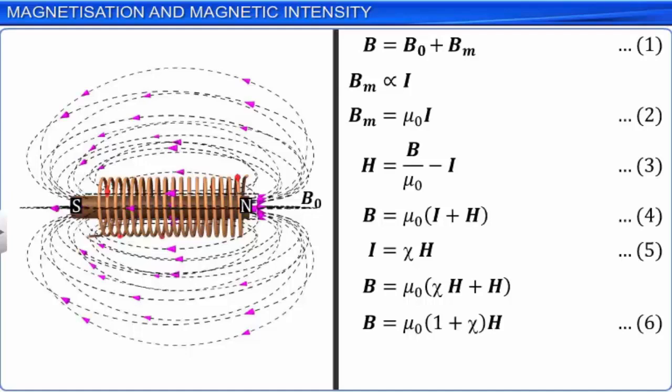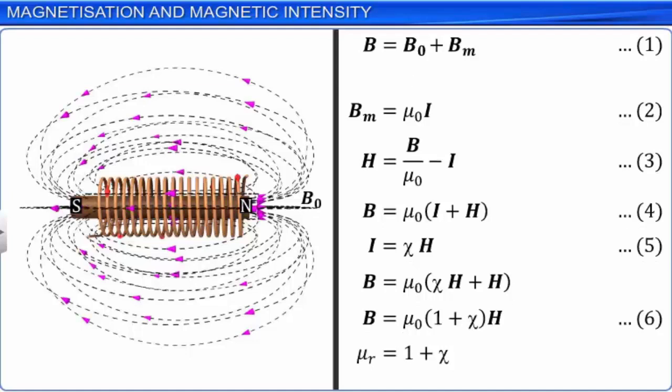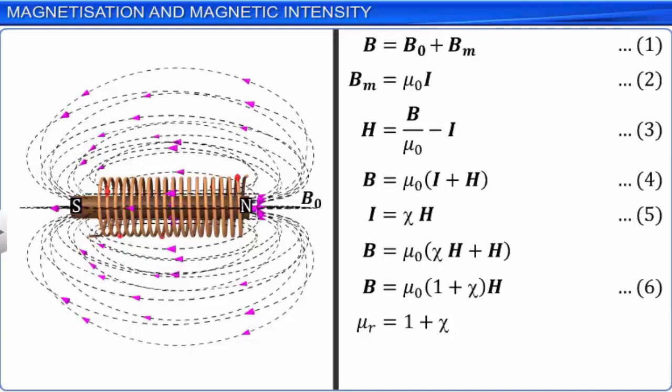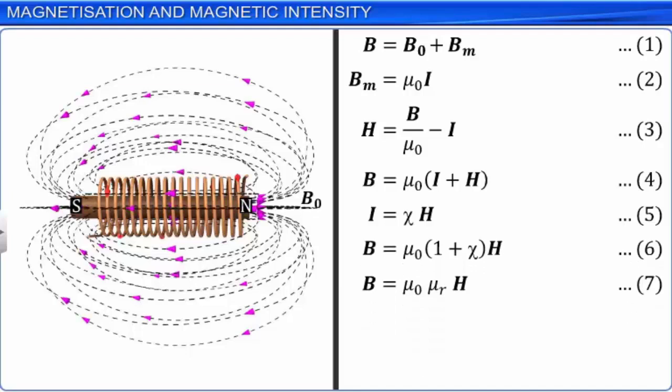We know that the relative magnetic permeability is the ratio of the magnetic permeability of the material to the magnetic permeability of vacuum. That is, mu r is equal to mu by mu naught. Then, mu is equal to mu naught into mu r. On substituting the magnetic permeability of the material mu in equation 7, we get the magnetic field as B is equal to mu H. Let this be equation 8.